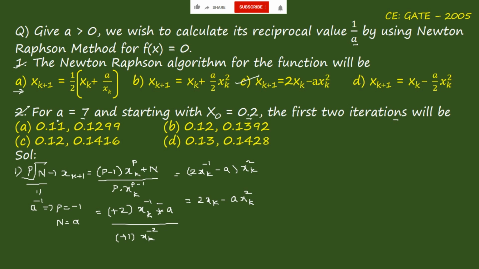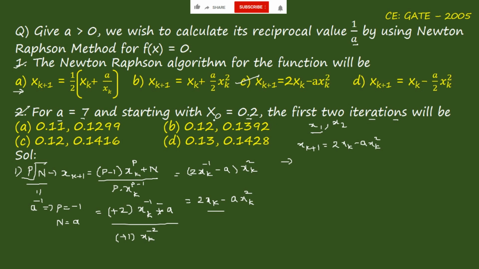They gave that a is equal to 7, x naught is equal to 0.2. We have to find the first two iterations. So we have to find the value of x1 and x2, right? So first we'll find the value of x1. We know the formula of it, right? x of k plus 1 is equal to 2 into x of k minus a into x of k square.